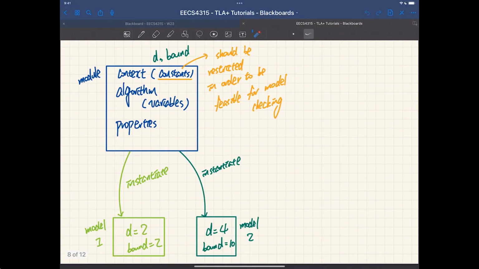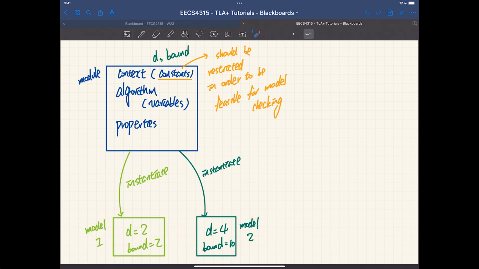And then another thing, remember we mentioned before in the introductory lecture, we said in order for you to do model checking, it has to be feasible enough. It cannot be like an infinite system for you to model check. So once you define your algorithm over here, you can instantiate as many models as you like. So you got to watch out for the terminology.